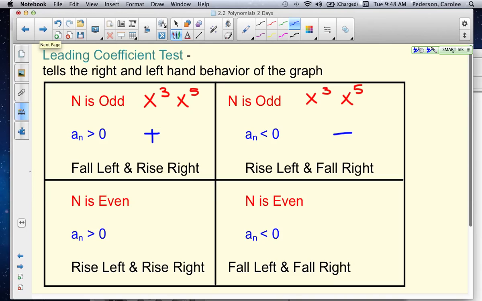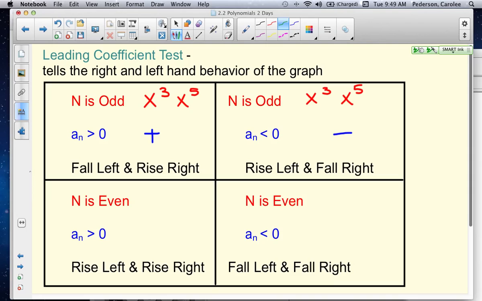So I'm just going to draw a quick sketch so you can visualize them in your head. And we'll do that in green. So my degree is odd. My leading coefficient is positive. So what will happen on the left-hand side of the graph, over here, it's going to fall on the left, and then it's going to rise on the right. So think about in the 70s, Staying Alive. It's going to go like this or like that.